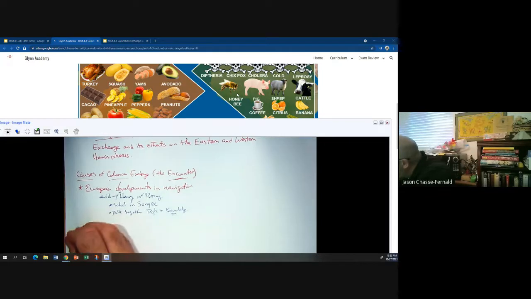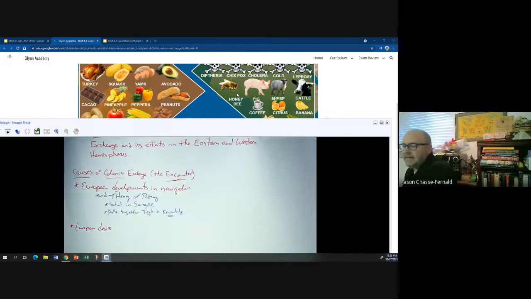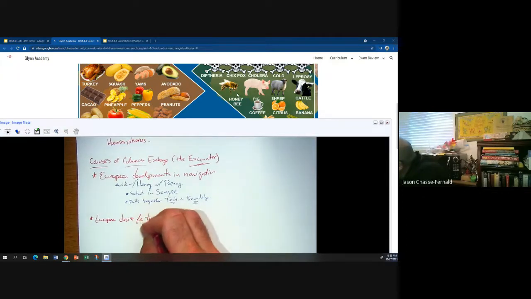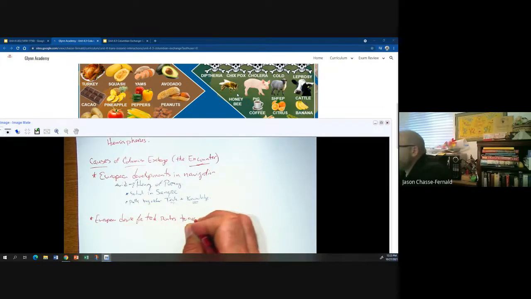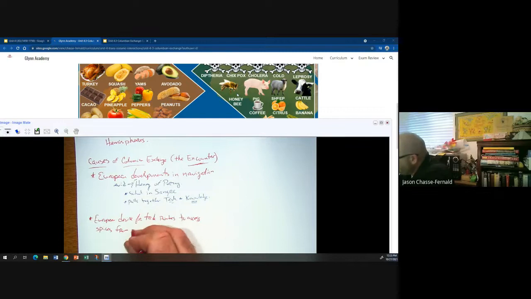Another one that comes up in class, European desire. You still see that? Yep. European desire for trade routes to access spices from the Indian Ocean or Southeast Asia.